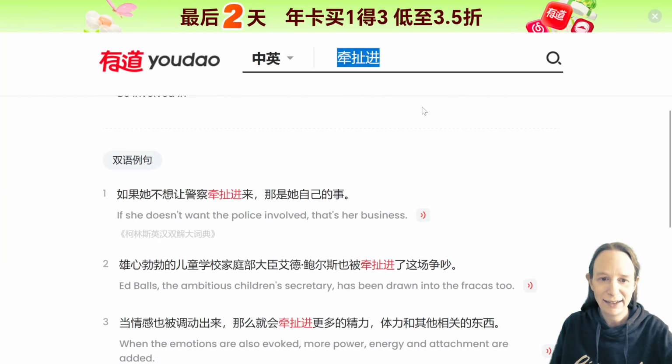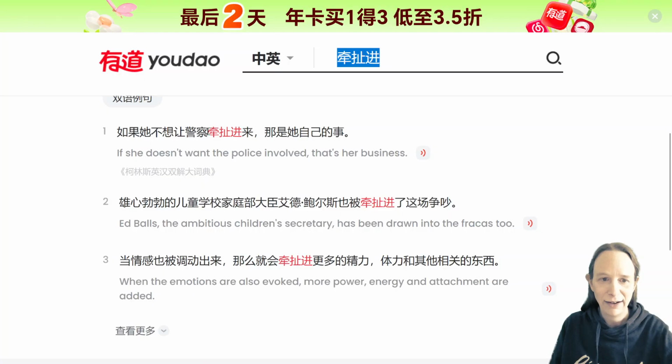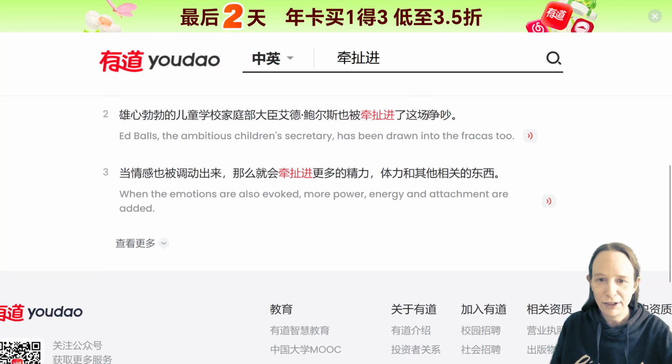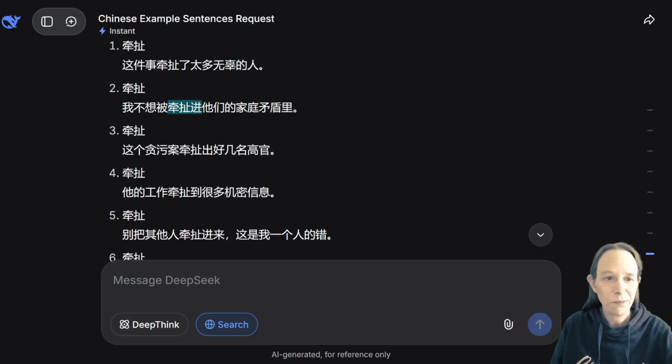So this one is the one I should use for dragged into. 牵扯进. Okay. Police dragged into this thing. 牵扯进了这场争吵, sorry. This quarrel, dragged into this quarrel. 就会牵扯进更多的精力. Oh, so this is a positive one, right? Alright. 这个贪污案牵扯出好几名高官.